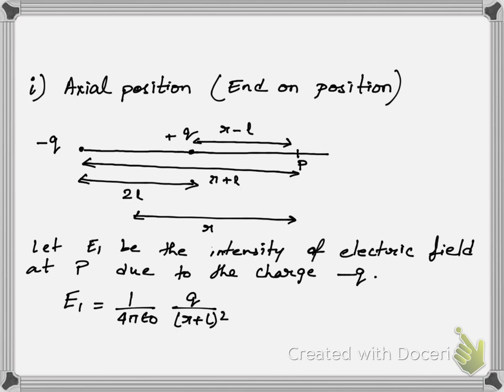Now what will be the direction of the intensity of electric field due to the negative charge minus Q? As we have discussed, the intensity of electric field due to a negative charge is always towards itself, towards minus Q. And on the diagram I'll be showing the direction of E1 in this way.